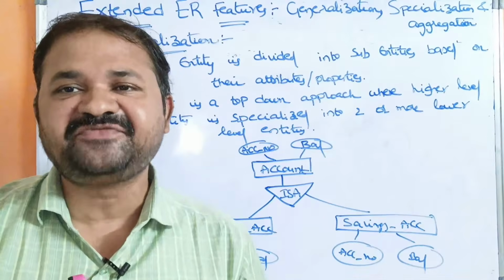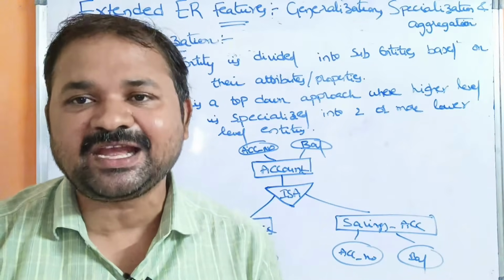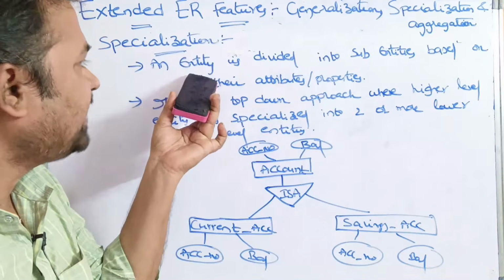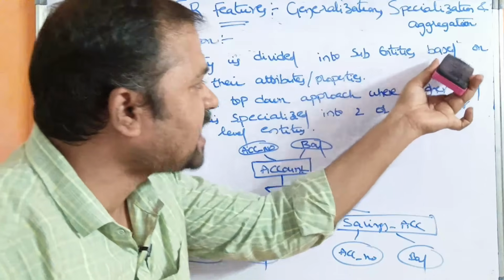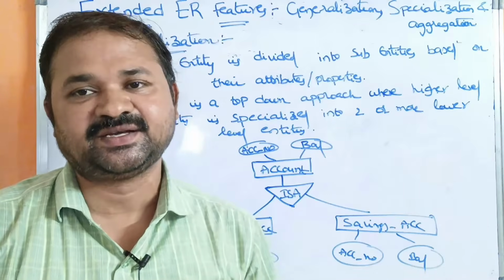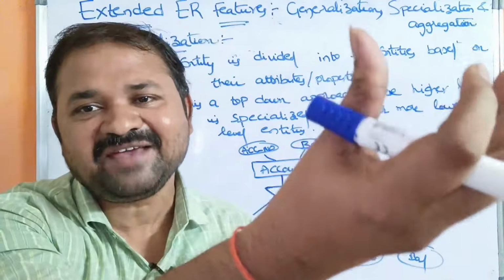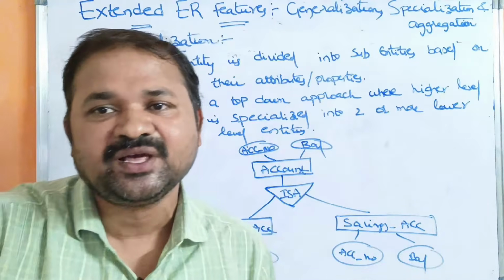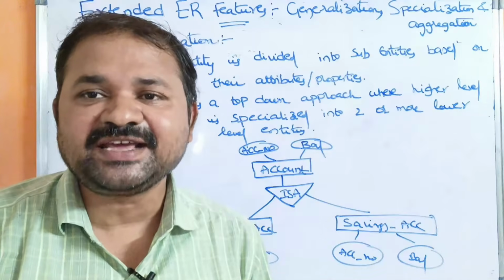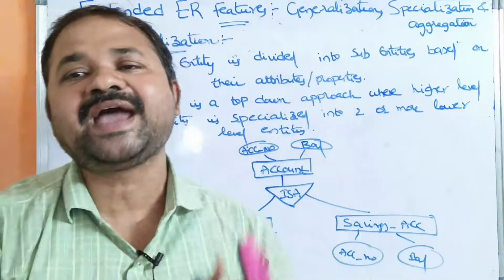Now let us see the second feature, that is specialization. Specialization is entirely opposite to generalization. Here an entity is divided into sub-entities based on their attributes or properties. Here it follows a top-down approach. So the higher level entity is divided into several lower level entities. What is generalization? Generalization means several lower level entities are combined into a higher level entity.